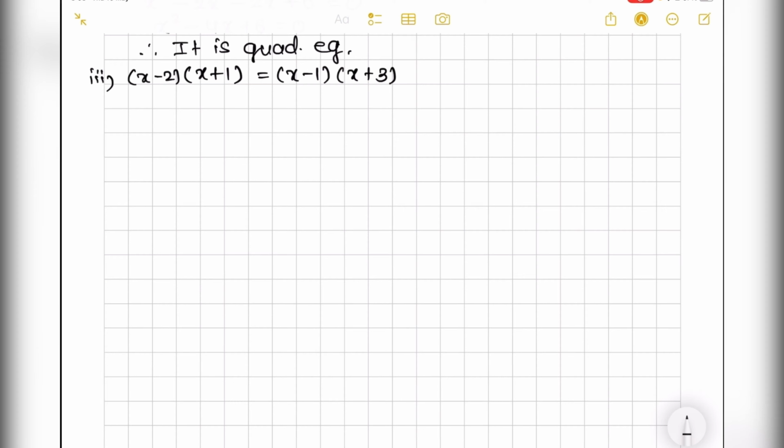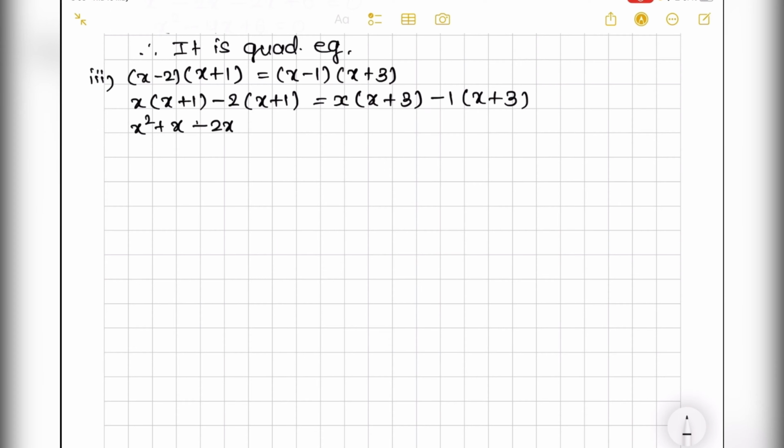Here also I am opening the brackets by multiplying x into (x plus 1) minus 2 into (x plus 1). Same way on the right side, x into (x plus 3) minus 1 into (x plus 3). So this became x square plus x minus 2x minus 2 equal to x square plus 3x minus x minus 3. So this became x square minus x minus 2 equal to x square plus 2x minus 3.